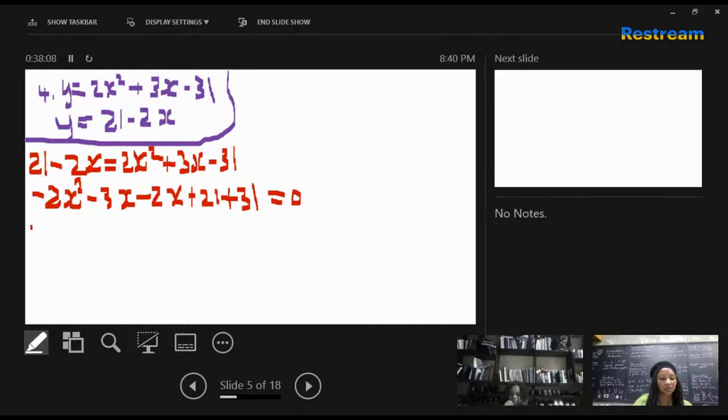Okay, so it will be negative 2x squared minus x. 3x minus 2x gives a negative x. It's negative 3x minus 2x, so it would give negative 5x. So 21 plus 31, that gives 52.